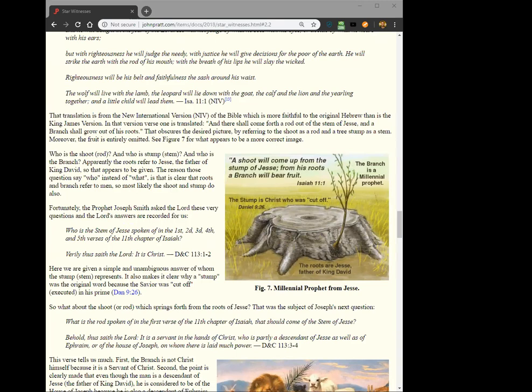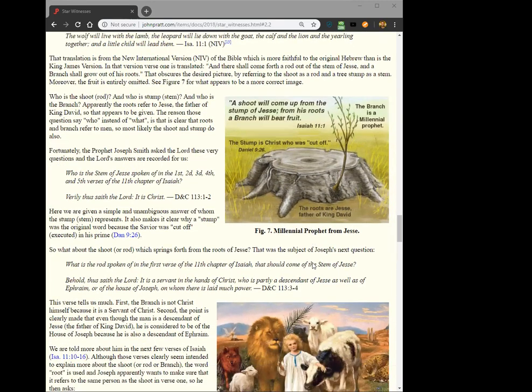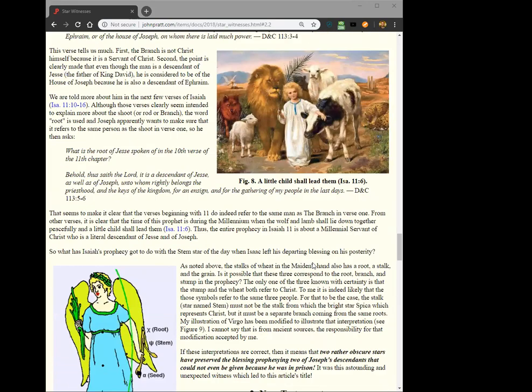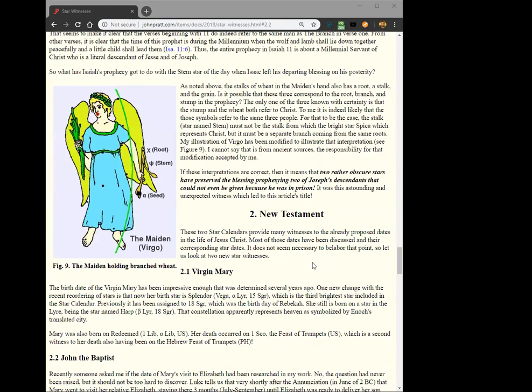This is associated, if you scroll down more, let's see, yeah, go down to figure 9. This is associated, which is what I had learned just a week before, with this picture in Virgo. And she's actually holding a branch, and there's a root, and there's a stem, and the stem is actually a branch, and there's a seed.